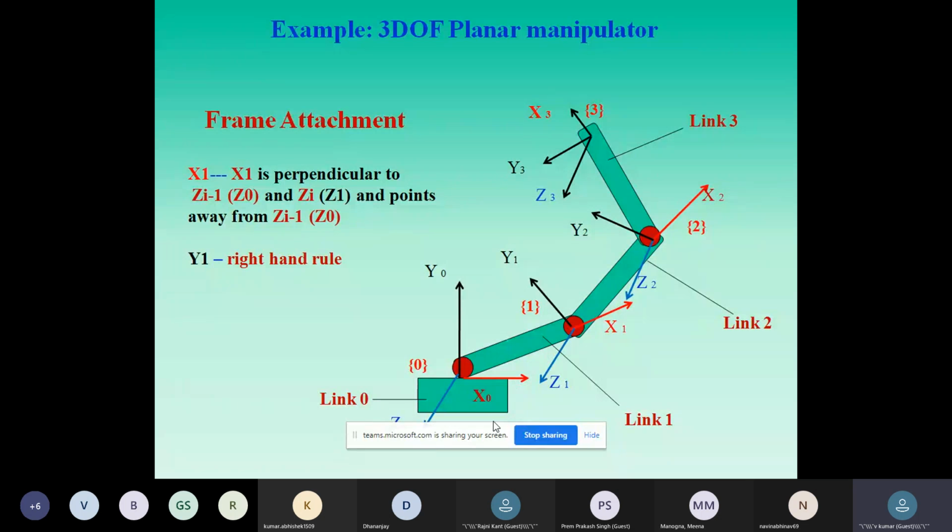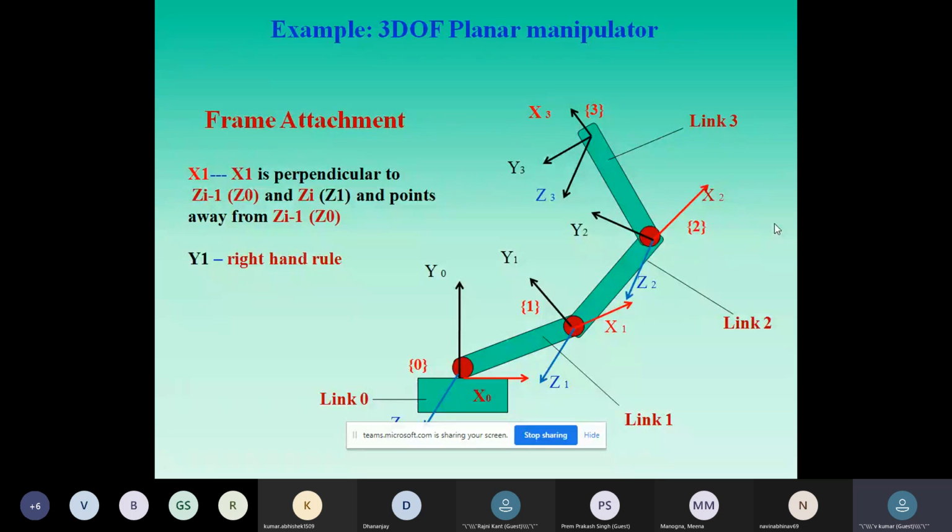So its direction will be away from Z0, and X1 will be in this direction, the upward direction. Similarly, X2 will be perpendicular to Z1 and Z2 and away from Z1, so its direction is in this direction.